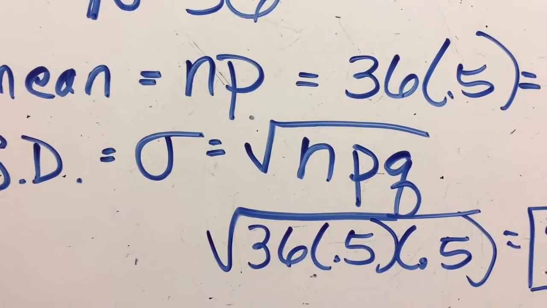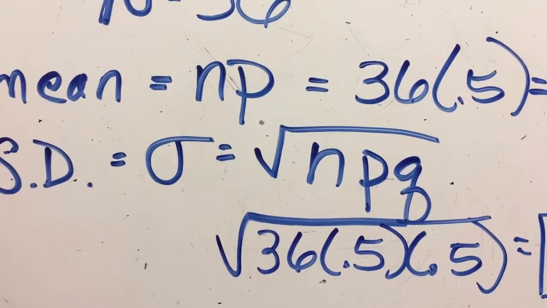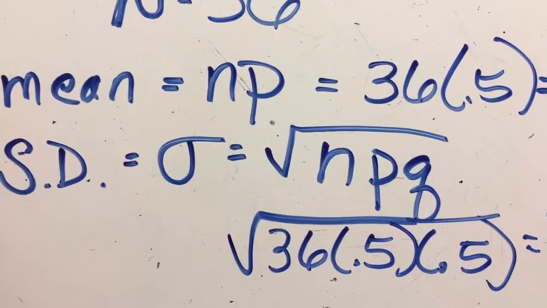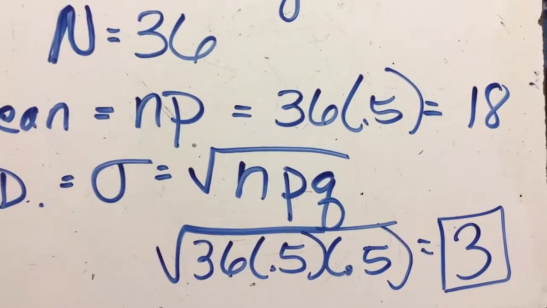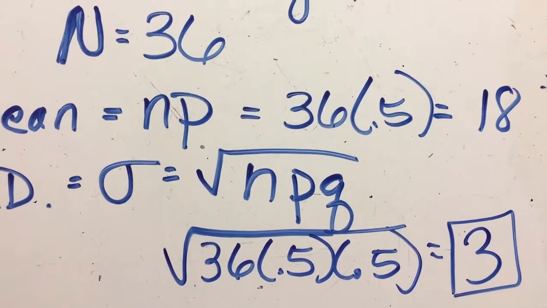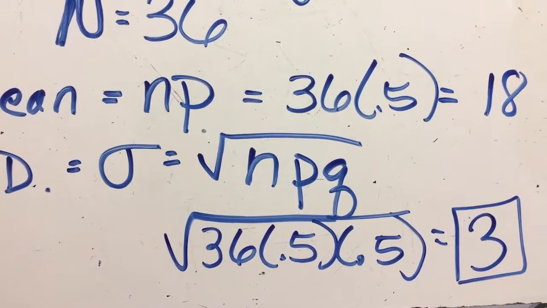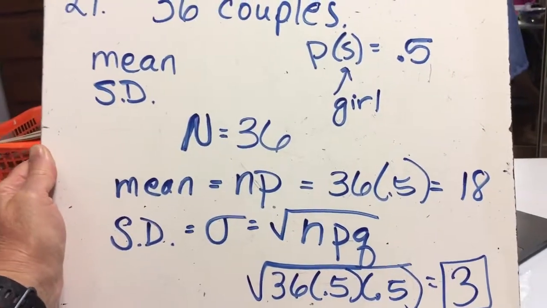And then we get 36, which is n, times a half, which is going to be 18, times a half again, which is going to be 9. Then we take the square root of 9, and we get 3. So we end up with our mean is 18, and our standard deviation is 3 girls. And that is correct for A. So there's your A page.